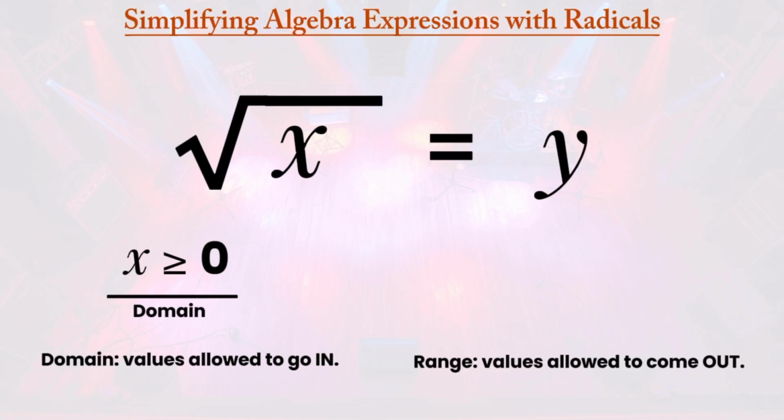In the case of this radical video, the domain, aka the subject values going into the formula, which is x, will not be negative. Therefore, x, or any other variable letter used, will be greater than or equal to 0. Same with the results, which is y. We're not interested in negative values for now, so that means y will be greater than or equal to 0.